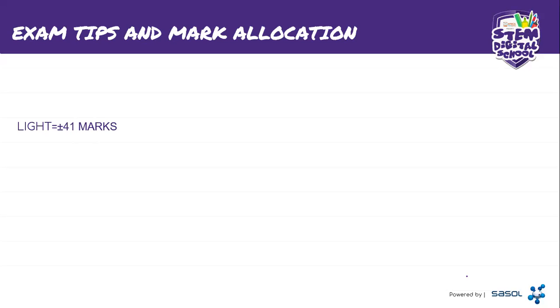And then we will ask you questions on dispersion, where white light breaks up into its component colors. So the amalgamation of all these is going to help you to do well in this particular topic. And this topic is plus minus 41 marks, and I know that you can do it.